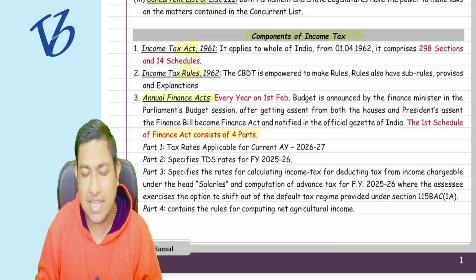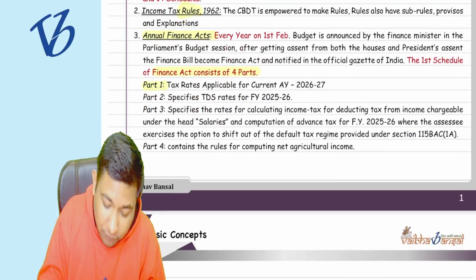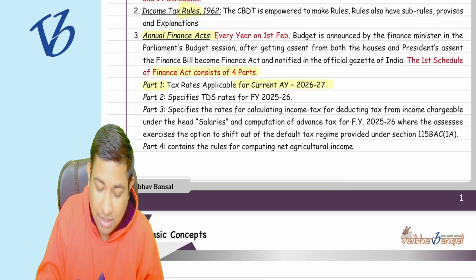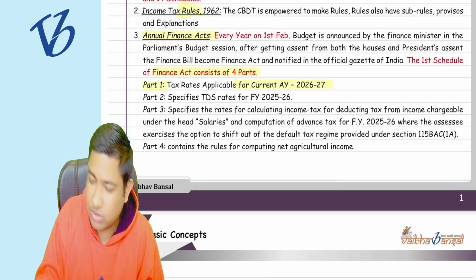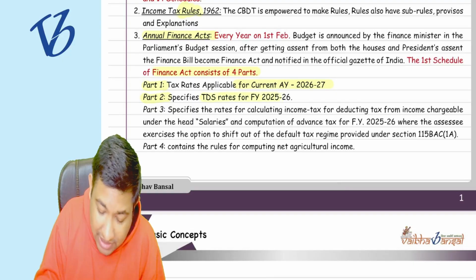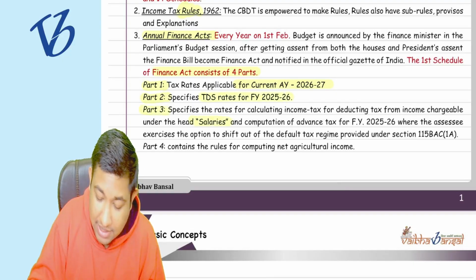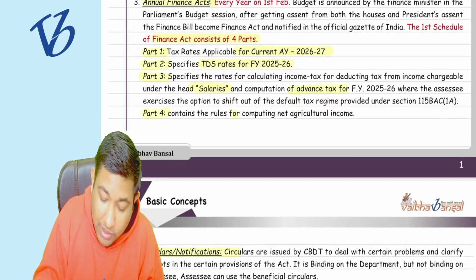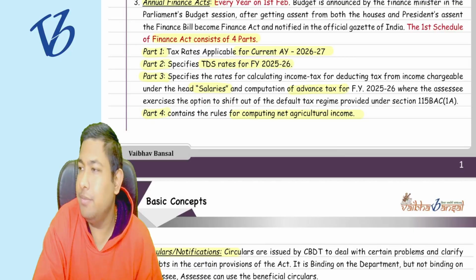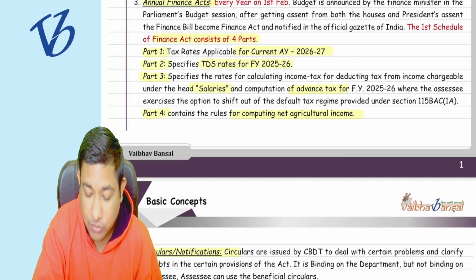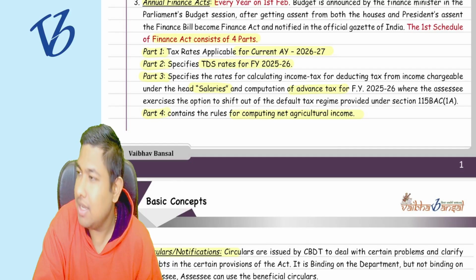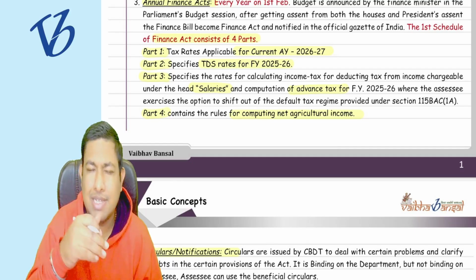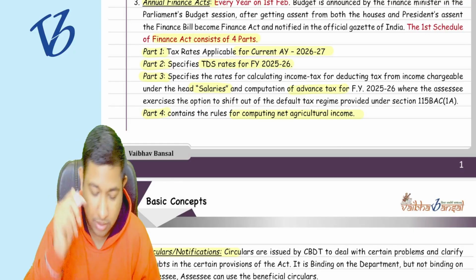Part 1 talks about the current rates for the assessment year 26-27. Part 2 has the TDS rates. Part 3 has salaries and the computation of advance tax. And part 4 has the rules for computing net agriculture income. These are just parts, you can just read it or forget it.